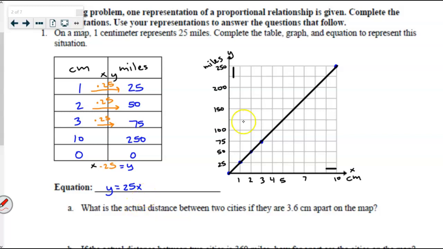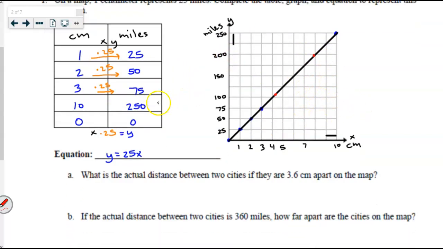Yeah, they would all have a meaning. So for example, instead of just picking 4 centimeters and 5 centimeters, could I pick 4.2 centimeters? Yeah, 4.2 centimeters is still going to represent an actual distance. And here, 7.99 centimeters is still going to represent an actual distance in miles. So every point that's on that line still has meaning for the situation.